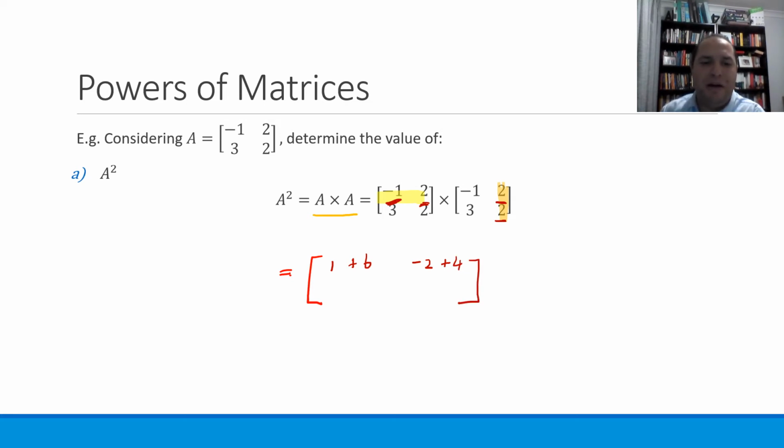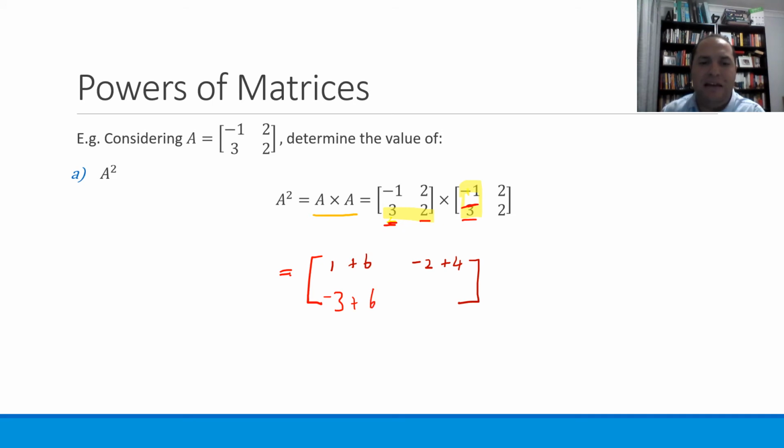Moving on to our second row. Second row times first column, matching up our elements again: 3 times -1, which is -3, plus 2 times 3, which is 6.